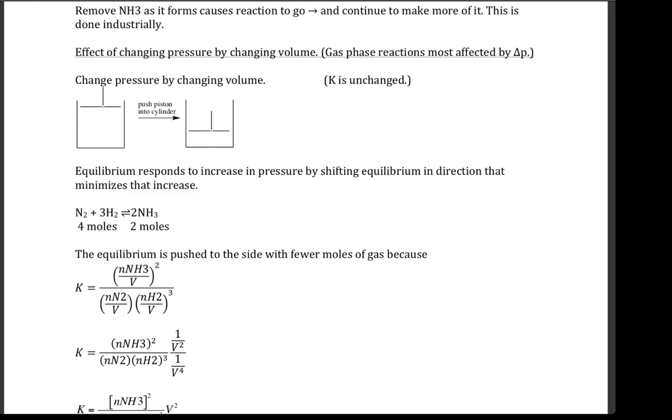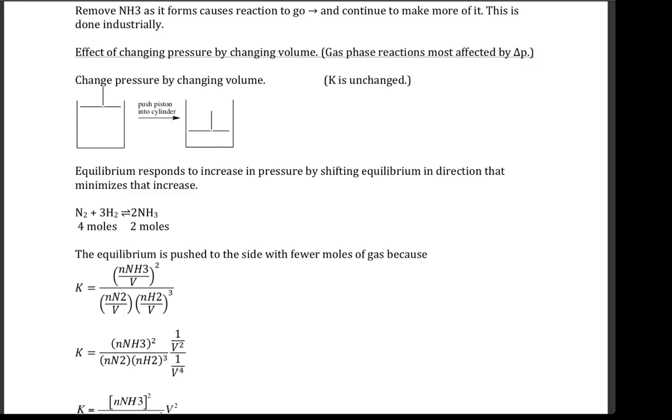So going back to our ammonia reaction, we have N2 plus 3 H2 in equilibrium with 2 NH3. Looking at the total number of moles of reactants, we have 4, 1 plus 3, compared with 2 moles of products.